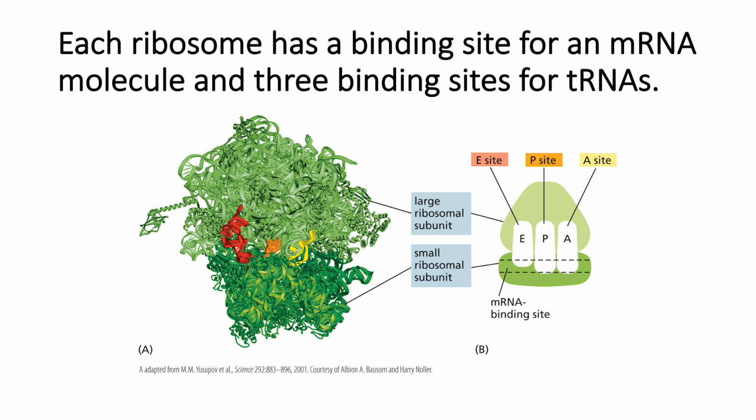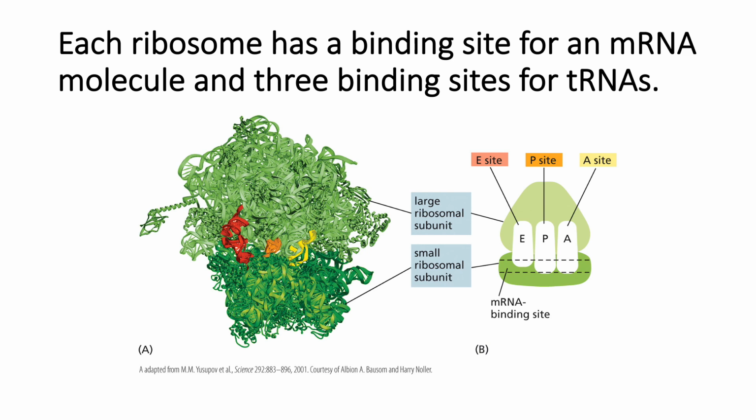And then on the right-hand side, there's a diagram showing it a little bit differently. So we have the large ribosomal subunit, the small ribosomal subunit, and the binding sites for 3 different RNA species are present in the small subunit. They extend a little bit into the large subunit.